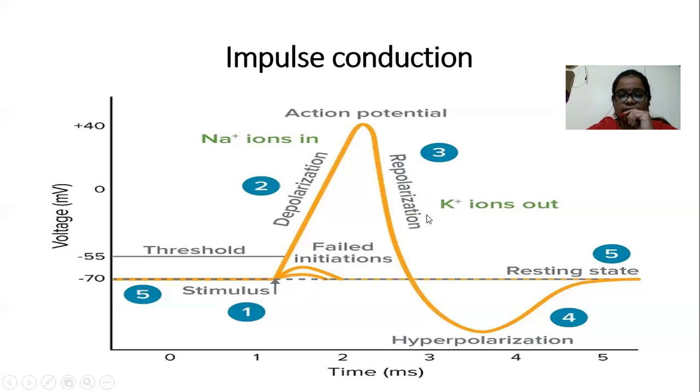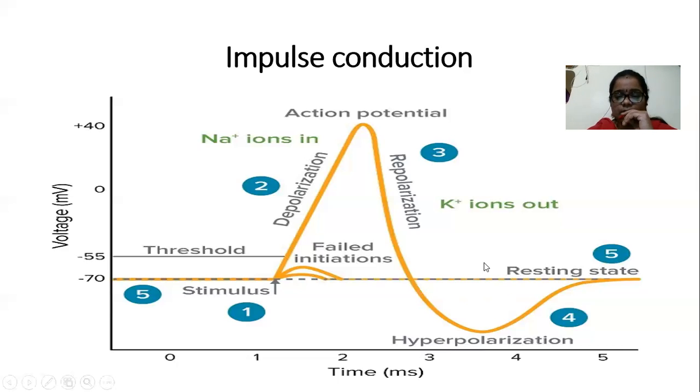After repolarization, the next phase is hyperpolarization. Hyperpolarization occurs due to a high efflux of potassium ions, the movement of potassium ions from inside of the cell to outside of the cell.